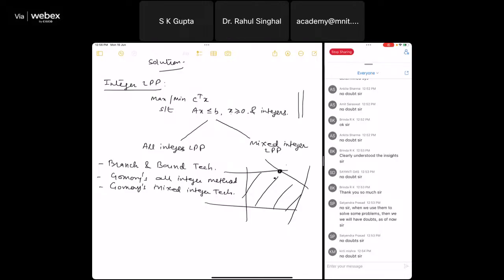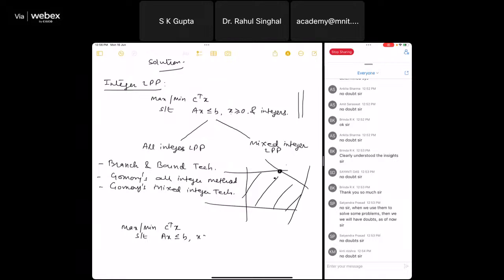So the answer is that this case will never be there. In the simplex method, the problem is applicable if you have this type of problem, as we already saw. For this type of problem, simplex is applicable, and you can always see that x equal to 0 is always a feasible solution.